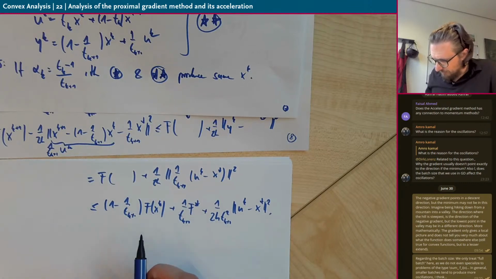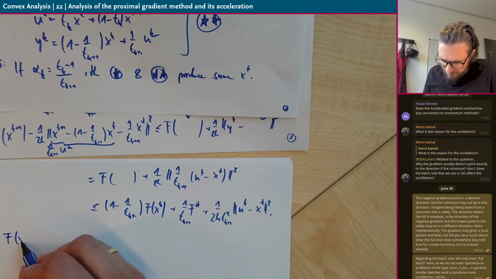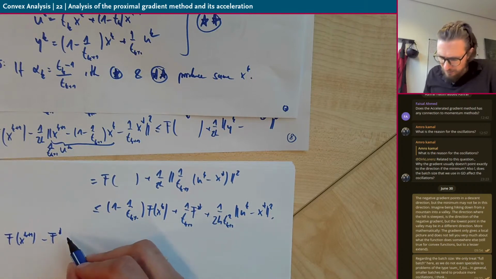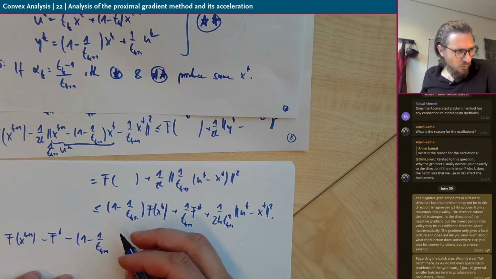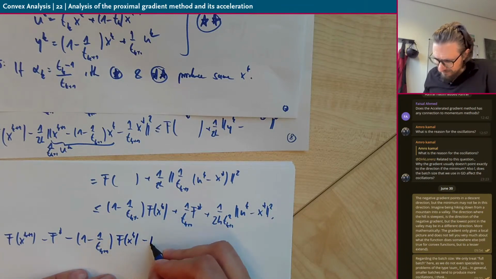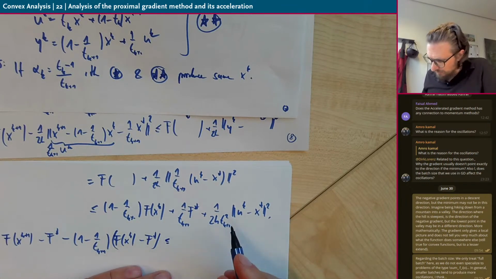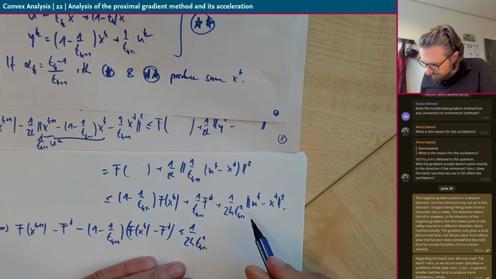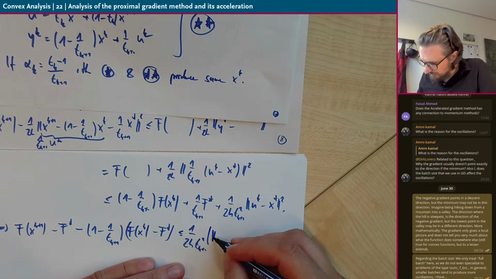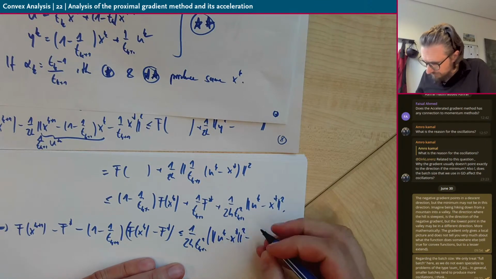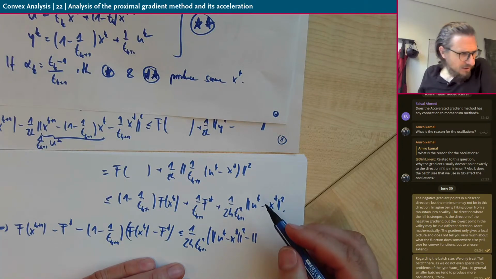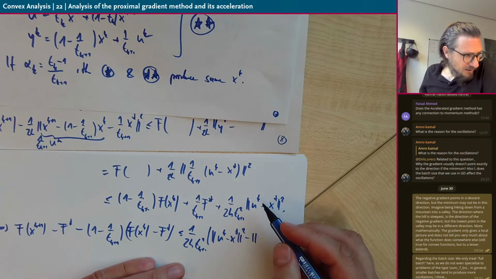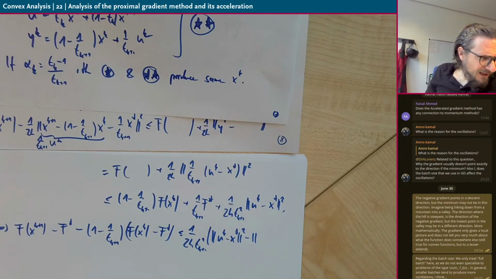And we also have this and this, so we get f of xk plus 1 minus f star minus 1 over tk plus 1 times f of xk minus f star, like this, smaller equal, and then we collect this here and this on the right hand side, and we get uk minus x star squared minus... there's something wrong with the k's and k plus 1s, unfortunately.